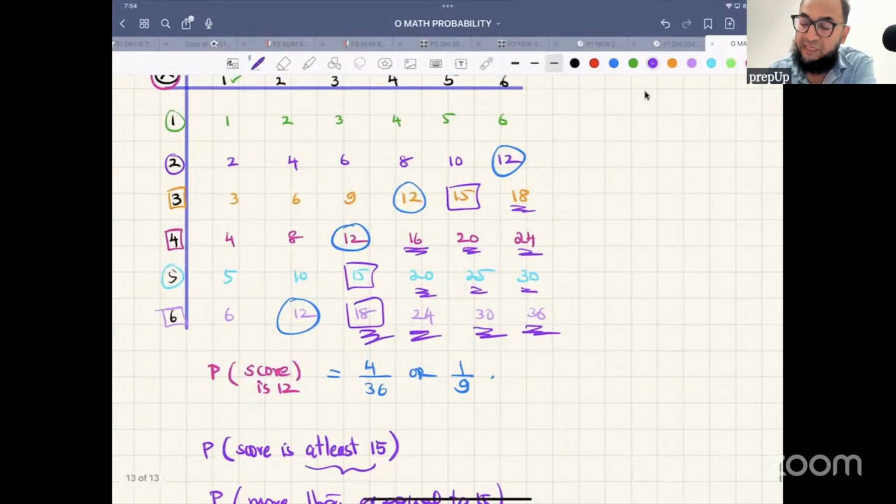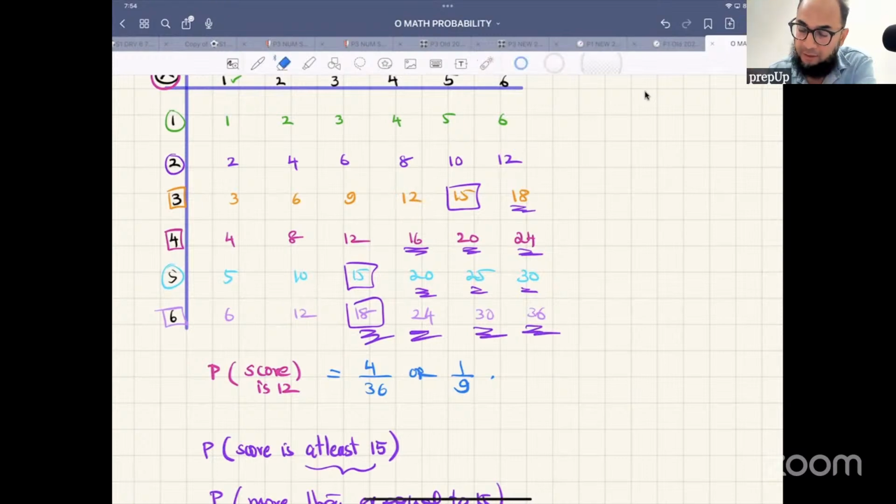Let me double check. Ignore this thing, the small one. Let's ignore the 12 for right now so that we can just focus on something. So this is 15. I forgot this 18. Yes, that is there. Let me just erase this. So 15 is there, 18 is there, 16 is there, 20 is there, 24 is there.